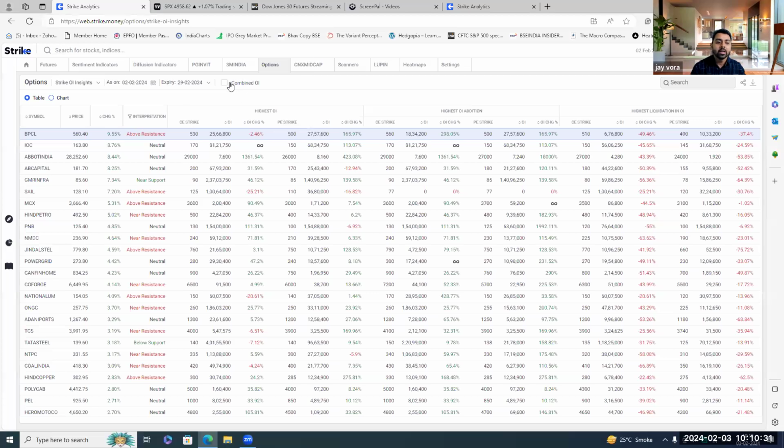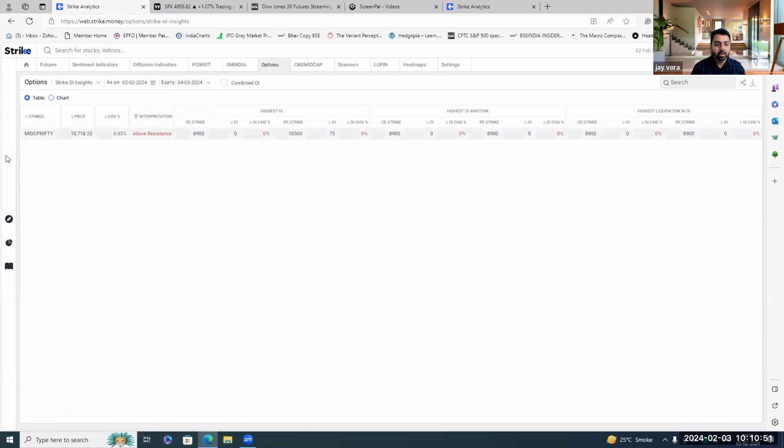Normally I have this tendency to look at the combined OI because I want to see what is happening across all the expiries, and that's why I usually keep the combined OI ticked. But if there are people who are doing weekly options and so on, over here we have given all the expiries. So say for example on 4th, that is where the mid cap Nifty expiry is.